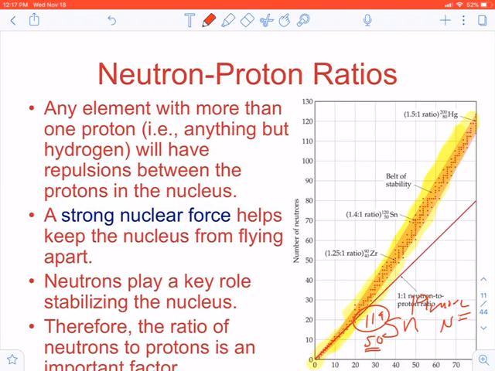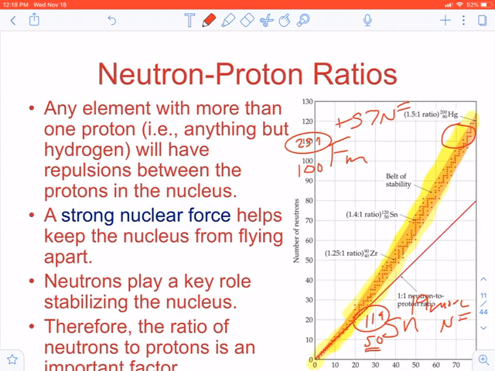It gets even worse as you go higher, like element 100, which is Fm, fermium. It has an atomic number of 100, so you would think its mass number would be 200. Well, it's not 200. It's actually 257. It has 57 more neutrons than it should have.